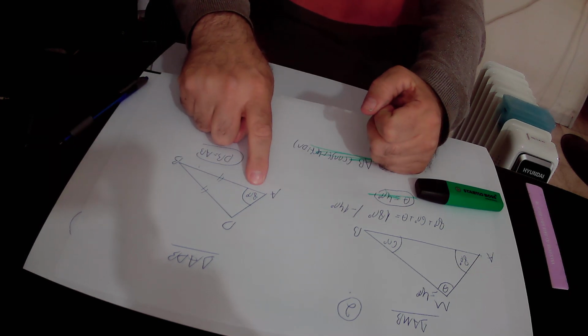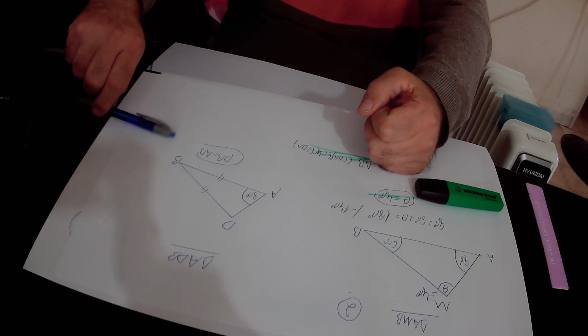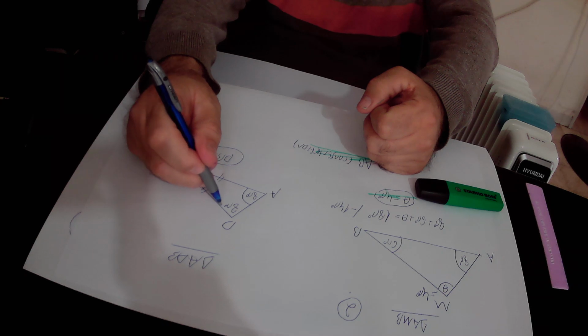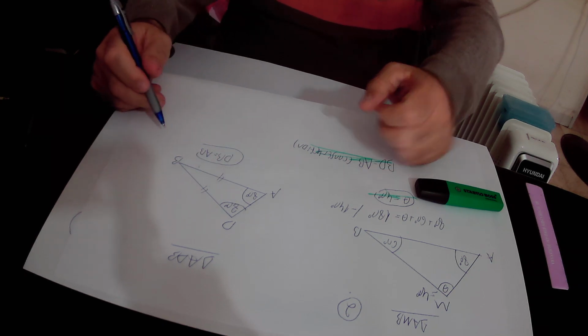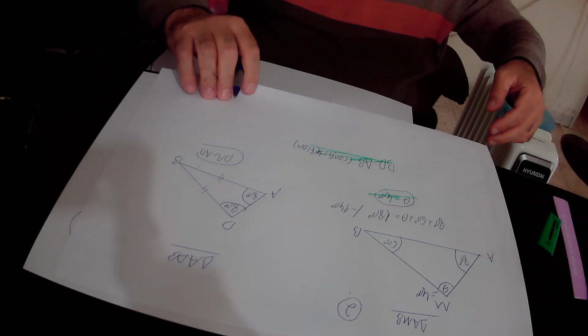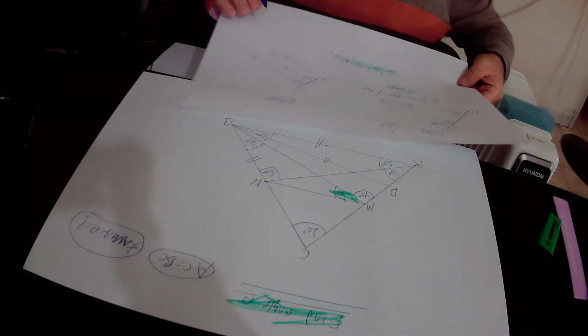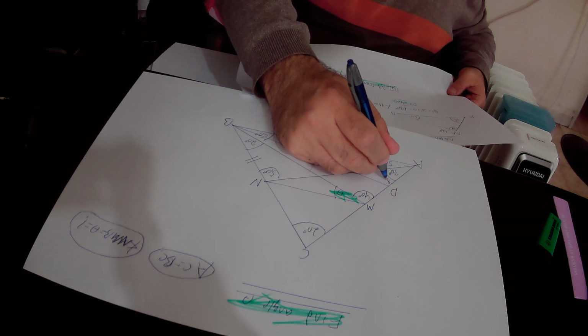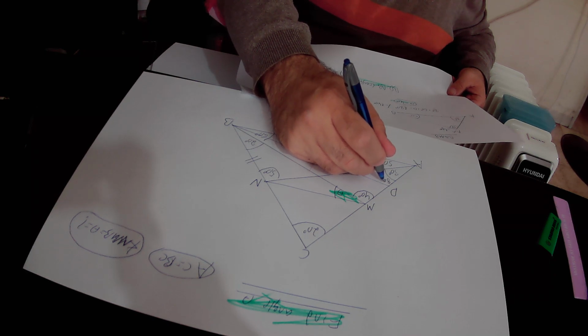But this angle equals 80 degrees, therefore the missing angle must also be equal to 80 degrees in its size. So here, angle ADB equals 80 degrees in its size.